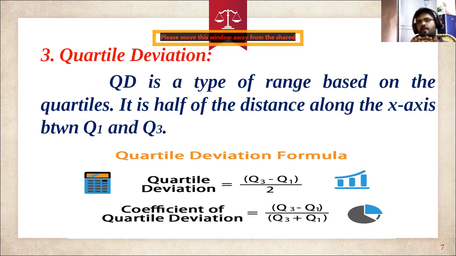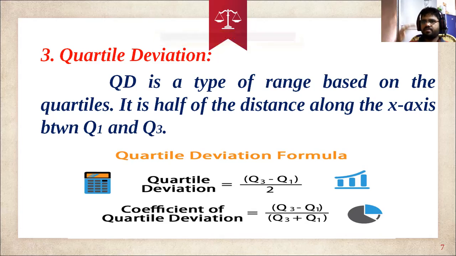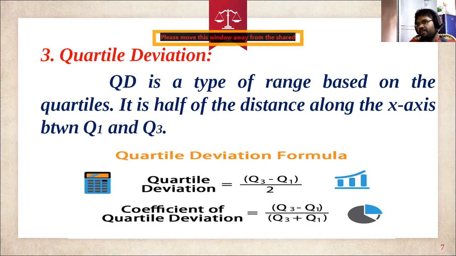If the data is in terms of centimeters, or in marks, we can calculate the quartile deviation, and in terms of quantity, in a particular weight also, we can calculate the quartile deviation. So here the quartile deviation, the QD, is a type of range based on the quartiles.